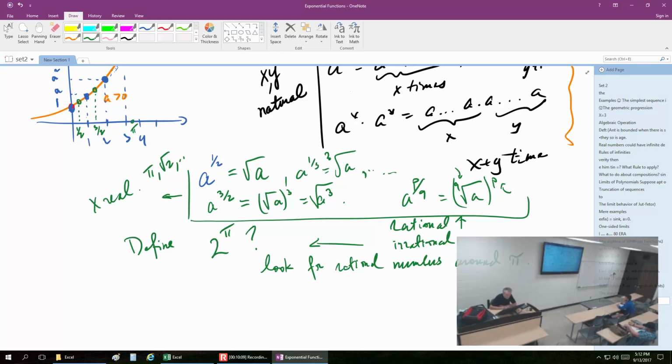Can you suggest any numbers we should look at? Any rational numbers around pi? 3. 3, okay. More? 4. No, how about 3.1? Yeah.